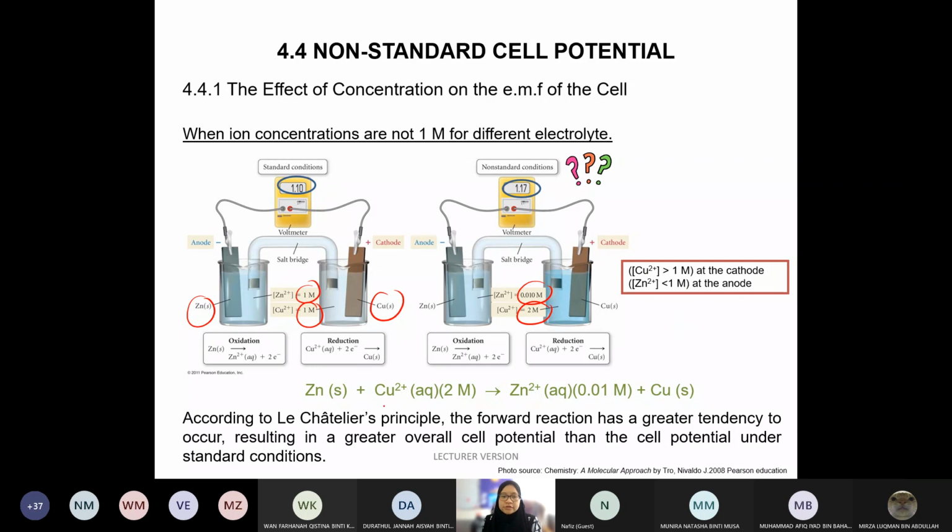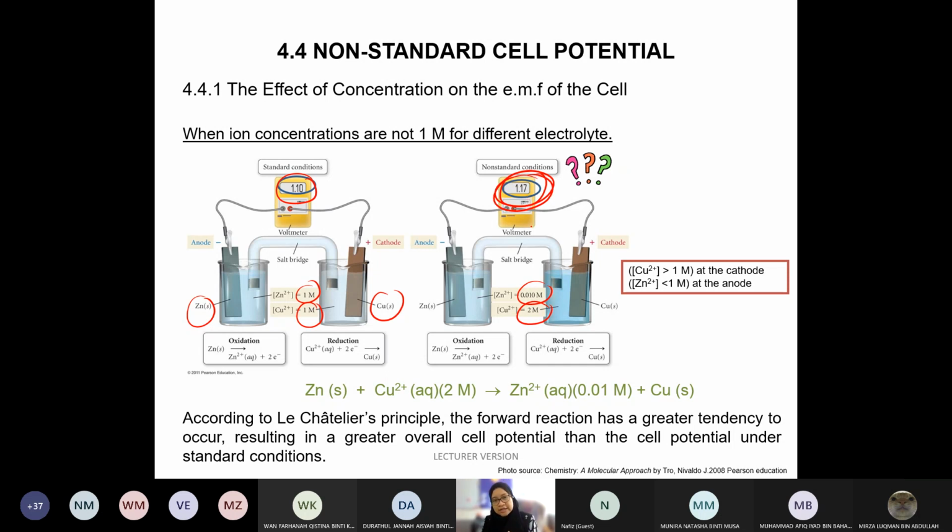Okay, alright, so this one, according to Le Chatelier's principle, the forward reaction has a greater tendency to occur, resulting in a greater overall cell potential than the cell potential under standard condition. Okay, nampak tak dia punya cell potential dia tu? Increasing. When you vary the concentration, it will affect the cell potential.